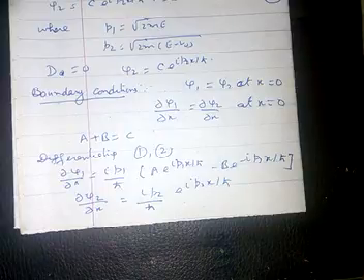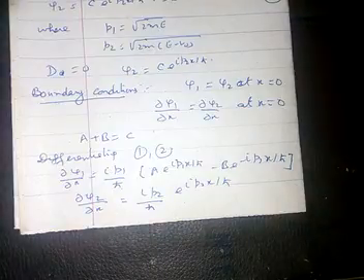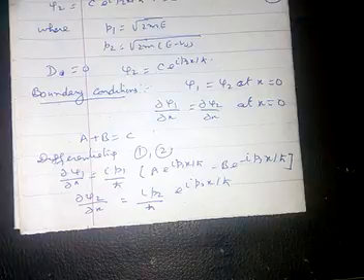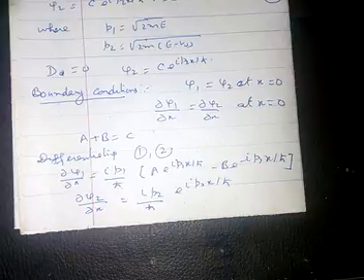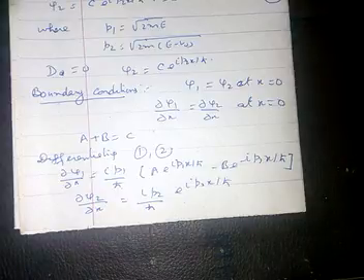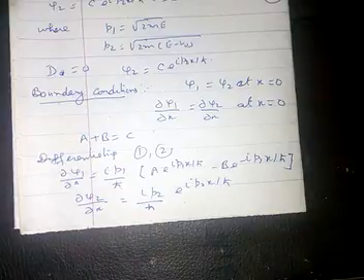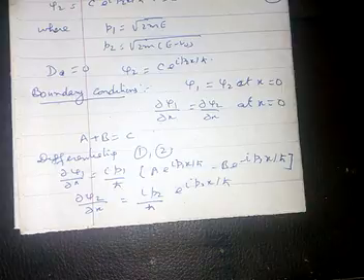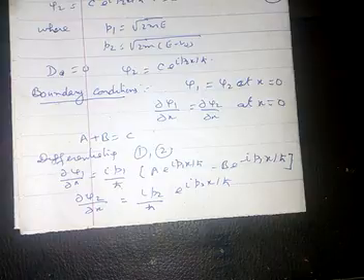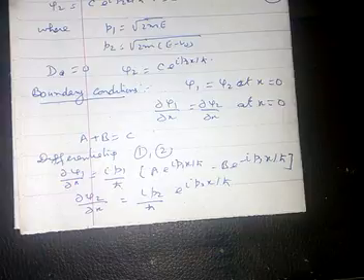Now in equation number 1, the first term represents the wave travelling along the positive x-axis in the first region, that is the incident wave, and the second term represents the wave travelling along the negative x-axis in the first region, that is the reflected wave. And in equation number 2, the first term represents the wave travelling along the positive x-axis in the second region, that is the transmitted wave, while the second term represents the wave travelling along the negative x-axis in the second region.